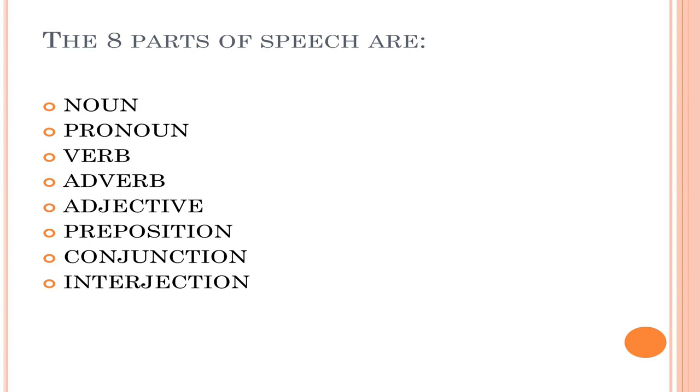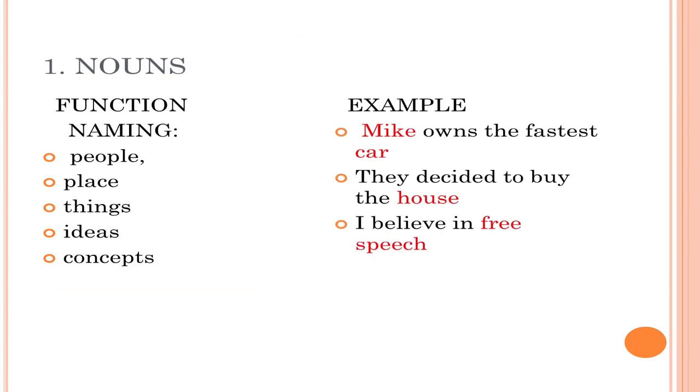We have 8 parts of speech that can be identified in the English language. Let's proceed as we'll take a further look at them one after the other in a little detail.